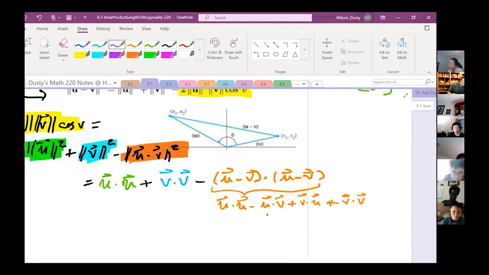What can you tell me about u dot v and v dot u? They are the same because you have commutativity for the dot product. So those guys are the same. So I have a minus u dot v and a positive v dot u. So those are going to cancel each other out.